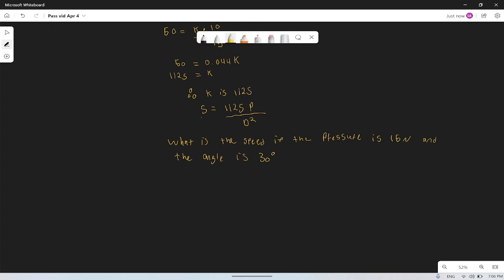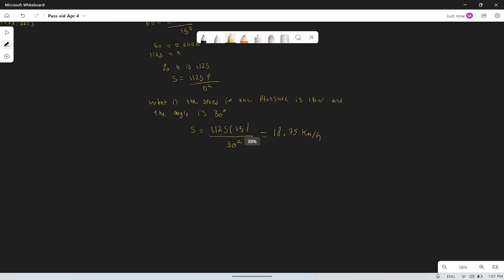So we would just substitute that in. We'd have S equals 1125 times 15 over 30 squared. And that will give us 18.75 kilometers per hour. And then that would be your final answer.